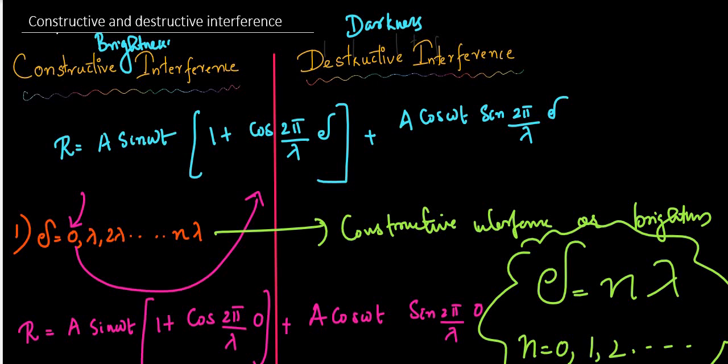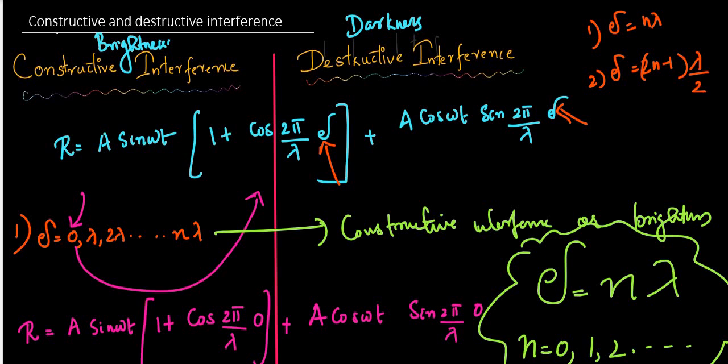What we did: we took the final equation and substituted for delta. We have two sets of values. The first set is delta equal to n lambda, and the second set is delta equal to (2n minus 1) lambda by 2.